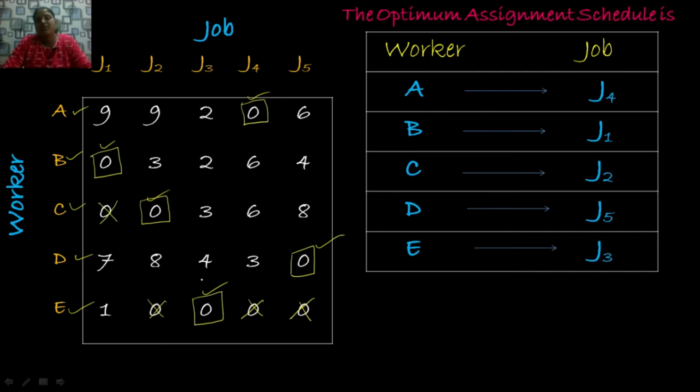And the next we have to calculate the cost associated with these positions. This is not our original matrix. This is the reduced matrix we have arrived at using the Hungarian method to find out the optimum assignment schedule, which will minimize our cost. So in order to find out the original cost associated with these positions, we just go and look at the given matrix.